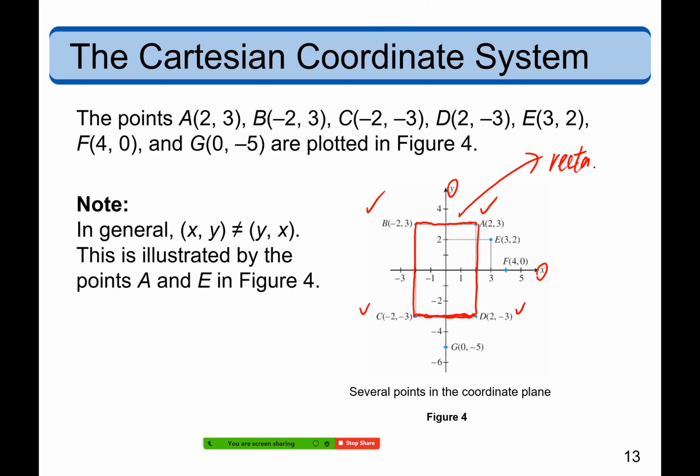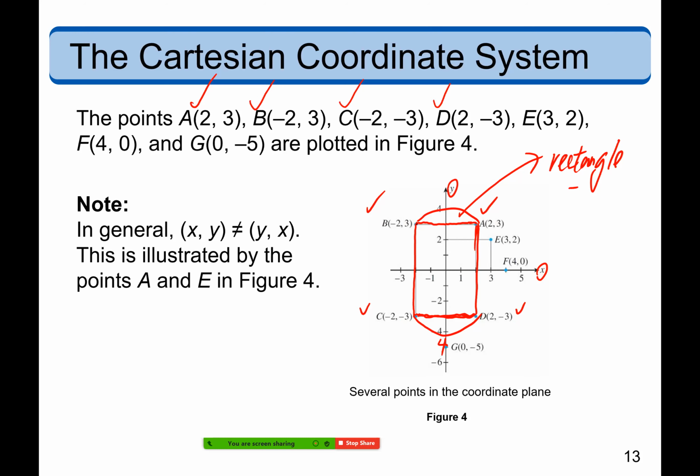So a lot of geometrical shapes could be constructed in the Cartesian system, right? Just by simply plotting the first 4 order pairs and connecting each 2 points, we'll be able to come out with a rectangle. And we know that the length of this side equals the length of this side, and we can easily verify that, right? Because the distance between point C and point D is 4 units, right?